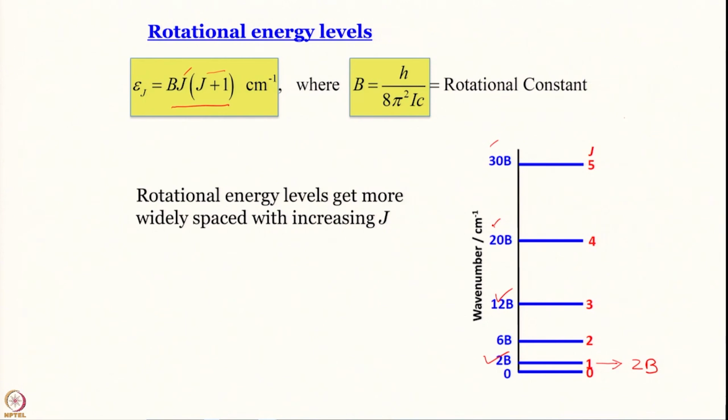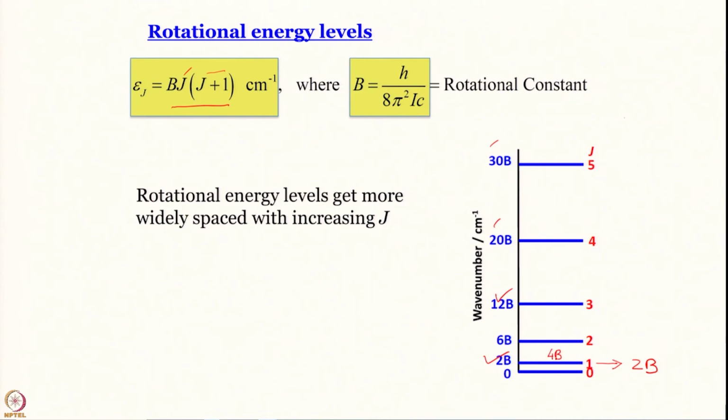Now, let us work out something interesting. What is the energy gap between j equal to 1 and j equal to 0? Obviously 2b, because this energy is 2b, this energy is 0, difference is 2b. What is the energy gap between j equal to 2 and j equal to 1, 6b minus 2b. So, you can write it here. The energy gap is 4b.